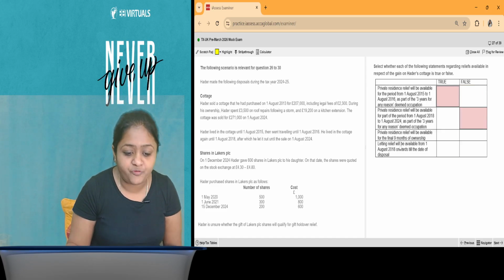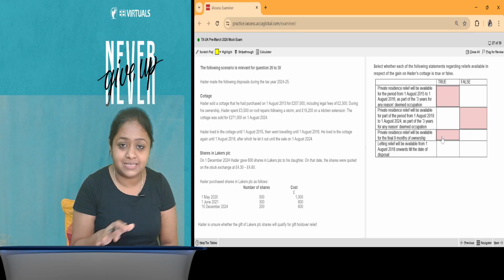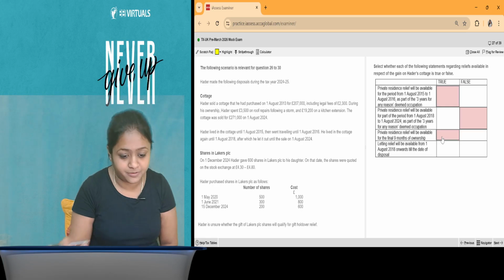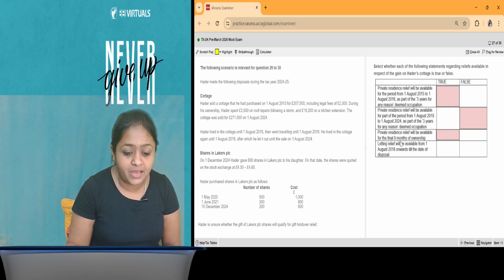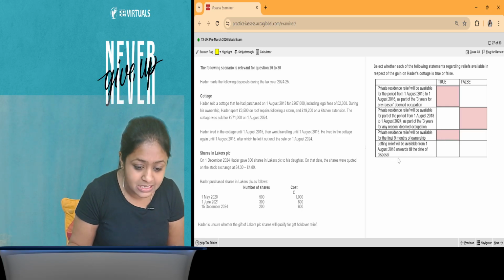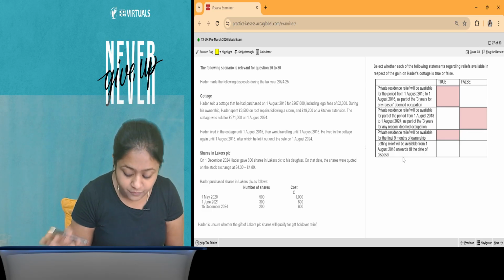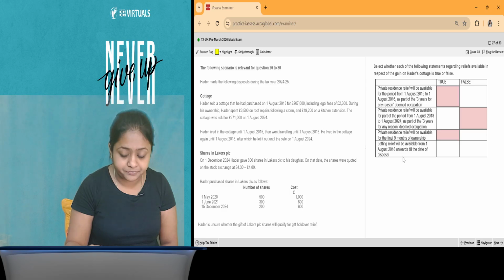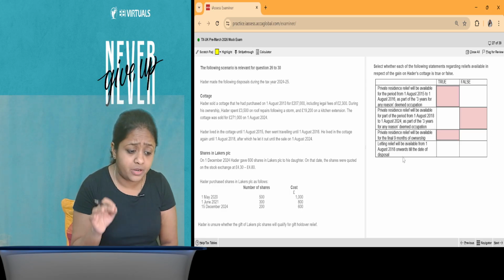PRR will be available for the final 9 months of ownership. Yes, it's a by default deemed occupation. Letting relief will be available from August 18 onwards till the date of disposal.